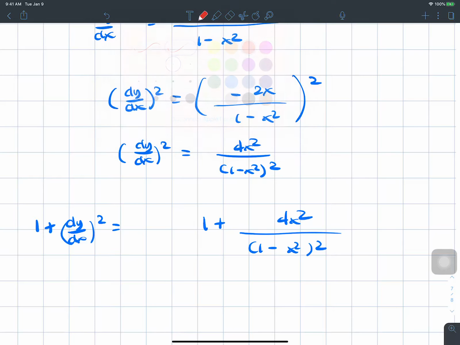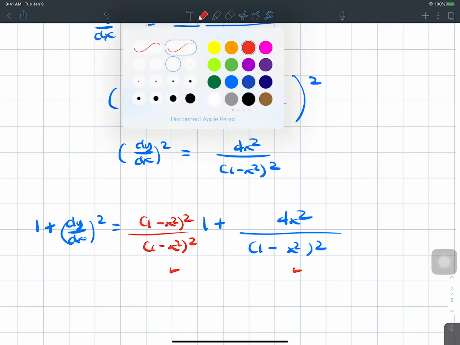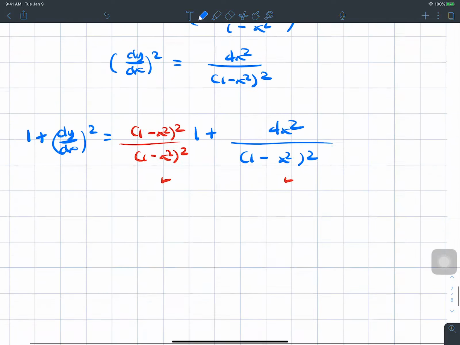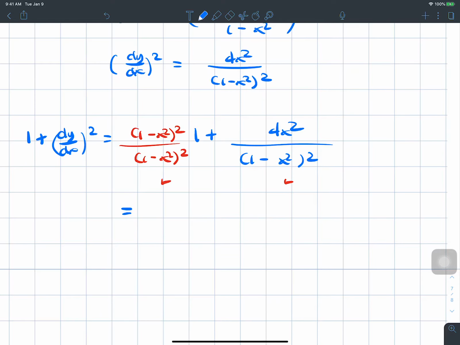I'm going to write this as 1 minus x squared squared over 1 minus x squared squared, because we need the same denominator if we're going to add, right? Okay, so we get 1 minus x squared squared plus 4x squared, everything over 1 minus x squared squared.